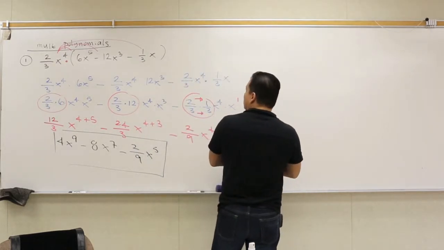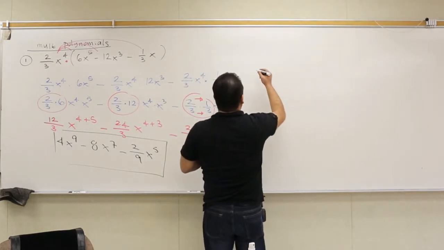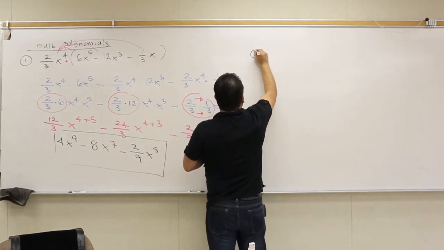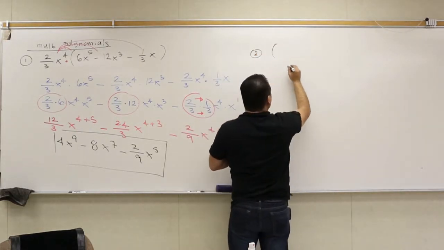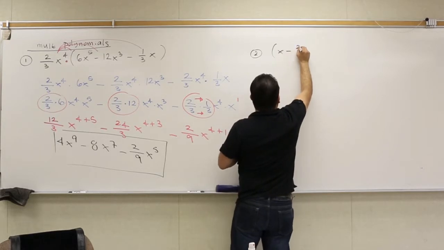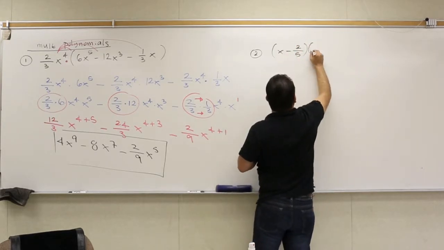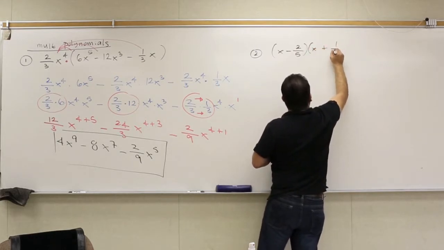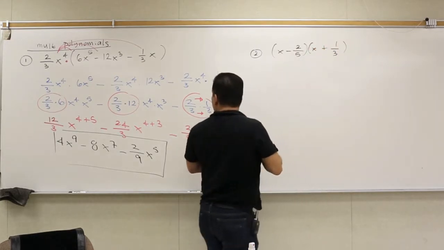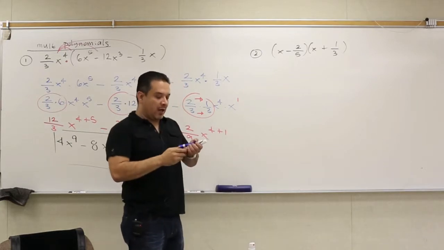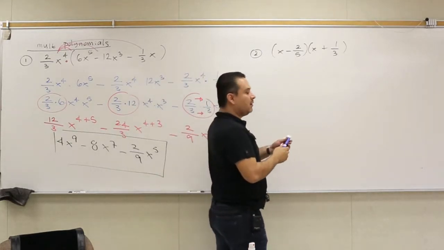All right, let's look at the second one. The second one we're working with today is a continuation of this sort of multiplication of polynomials. x minus 2/5, right? Times x plus 1/3? Okay, so yesterday I showed you guys a technique called what? FOIL.